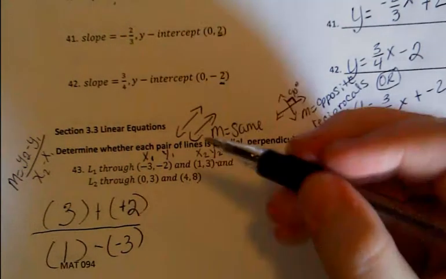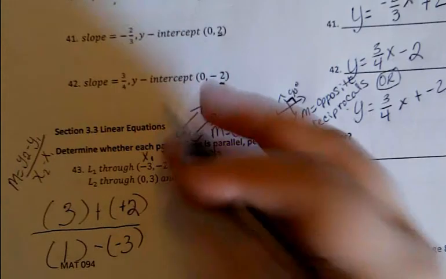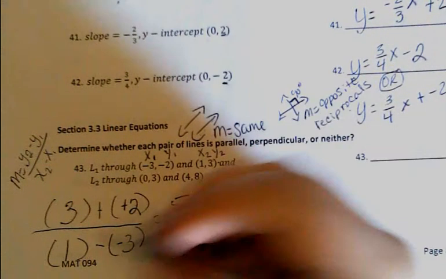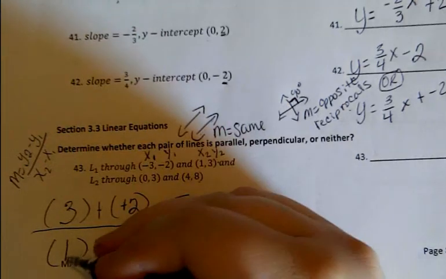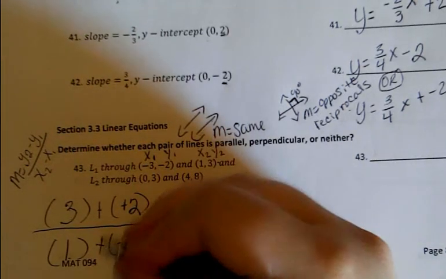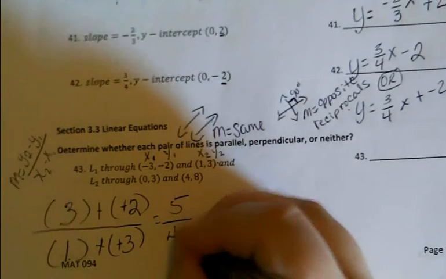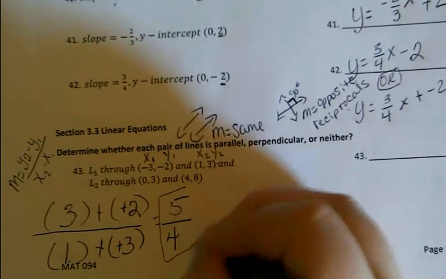So that gives me 3 plus 2, which is 5. And then 1 minus -3 is keep, change, opposite, which now means 1 plus 3, which is 4. So my slope here is 5/4.